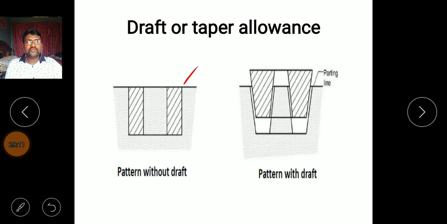It is very difficult to remove the pattern from the mold. In that case, we provide a draft or taper to the vertical surface, that is, inclined. We provide an inclined structure by changing the vertical surfaces, so it is easy to remove the pattern from the mold.